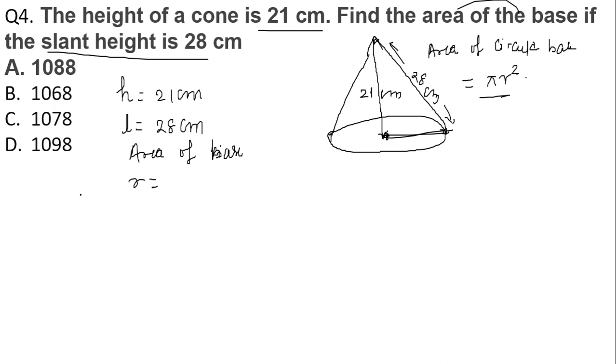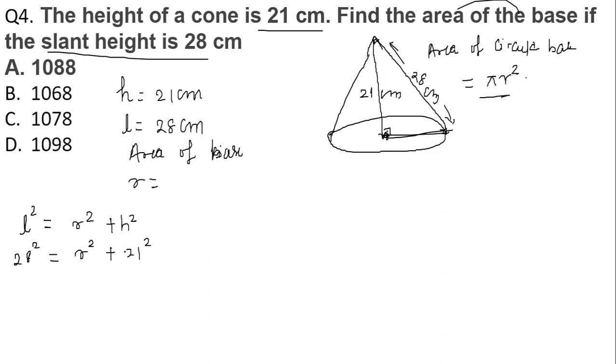To find the radius, we'll use the same formula we have seen earlier, using the Pythagoras theorem: the slant height L square is equal to r square plus h square. L is 28, so 28 square is equal to r square plus 21 square.